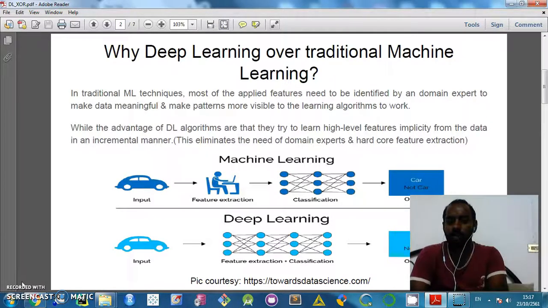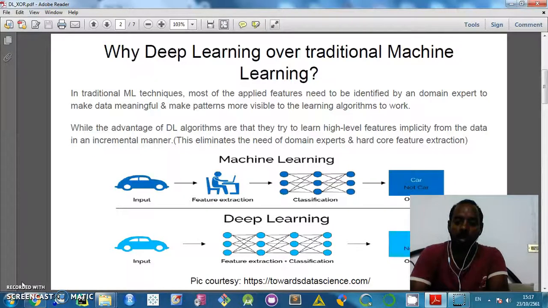In traditional machine learning algorithms or techniques, a domain expert is needed to make or infer something from the data. A domain expert is needed to extract features that can make the data more meaningful and help make the patterns more visible so that the machine learning algorithms work.